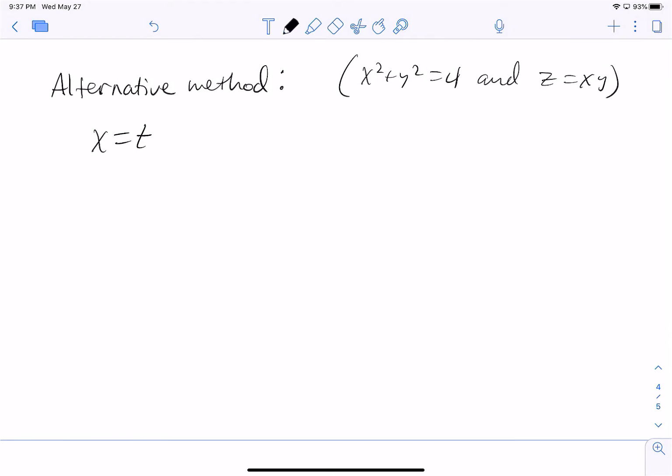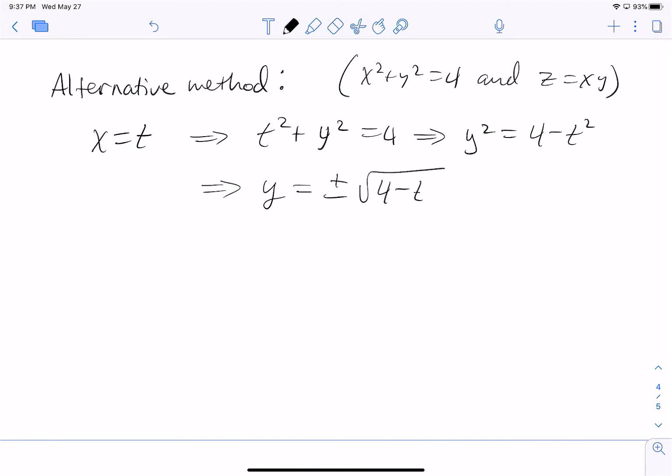If that's true, then t squared plus y squared is equal to 4, and then y squared is equal to 4 minus t squared, which would mean that y is equal to either positive or negative square root of 4 minus t squared. We just square rooted both sides of an equation, so we need to remember plus or minus.